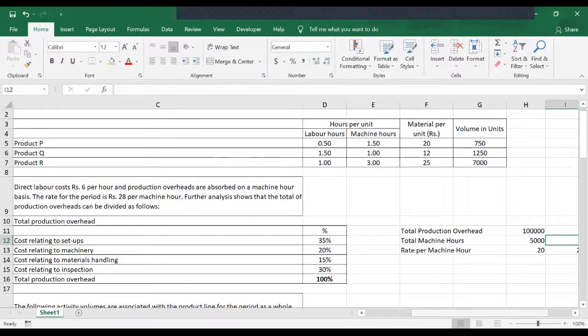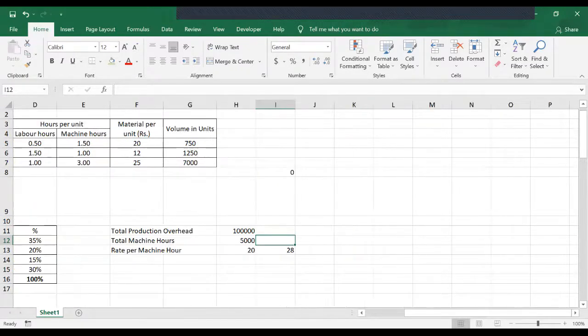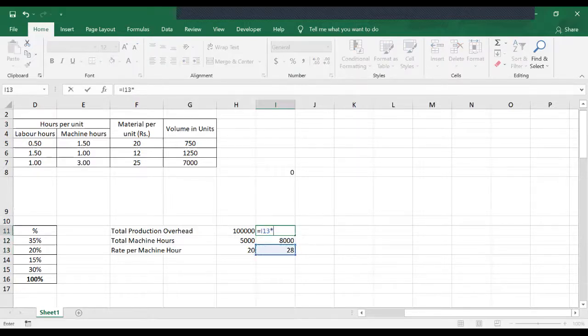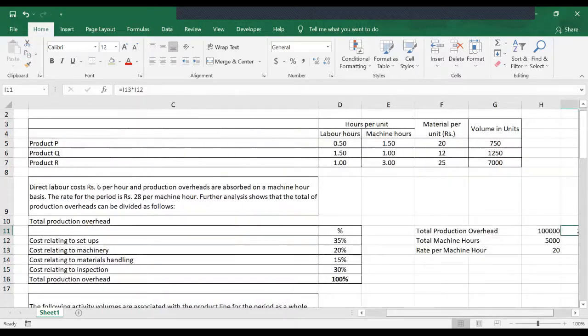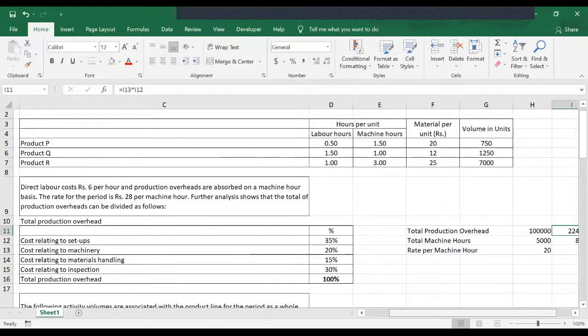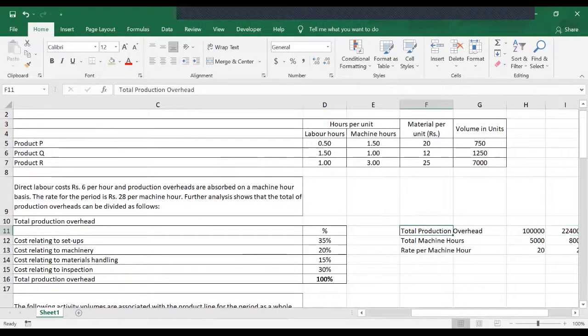So let's say the total machine hours comes to 8,000. Then we'll just do 28 into 8,000, and we'll get the total production overhead. That's the entire logic behind this question. The main part of this question that was missing was the total production overhead; we had just been given the rate.